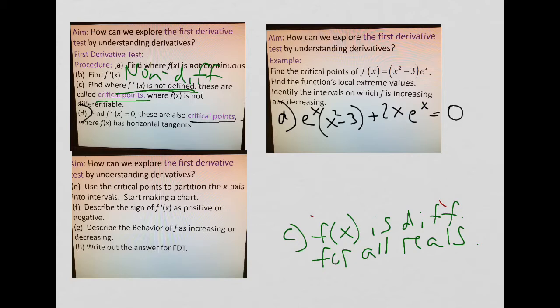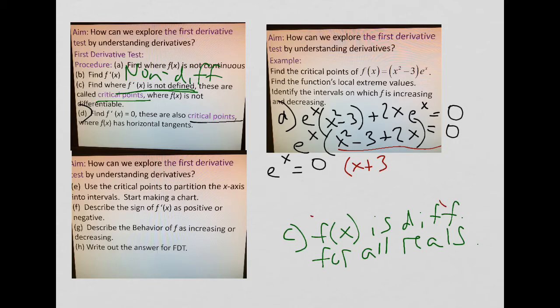And like I was saying, maybe factor. So if you do factor out an e to the x, then we can set e to the x equal to 0, and our factors from the polynomial here equal to 0. So if we write this in ax squared plus bx plus c order, we can easily factor this.